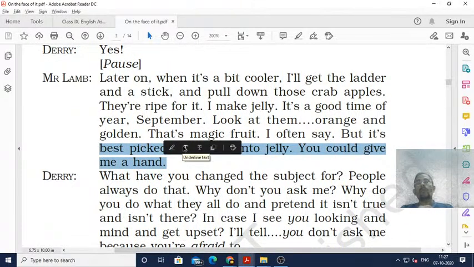Therefore, Mr. Lamb wants to distract Daddy from the discussion that Daddy has initiated, and he's talking about the crab apples and all this, how they will collect those apples, and Mr. Lamb is trying to get help from Daddy so that they are diverted from the topic.